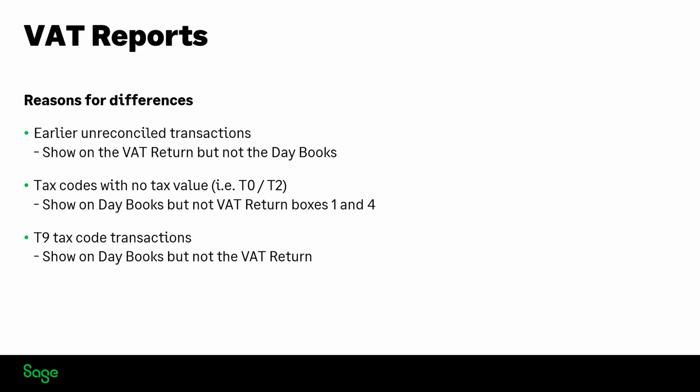It will be included on the daybooks report because it's an SI transaction and it might fall within the date range, but because T9 is non-VATable, it wouldn't be included on the VAT return itself. So it's just making sure that what you're comparing is like with like.